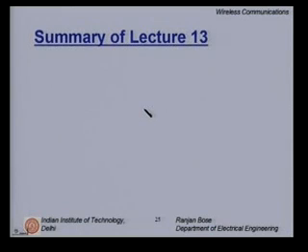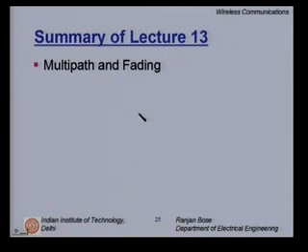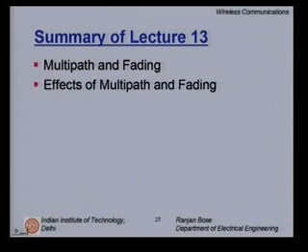At this point, let me conclude today's lecture. The summary of lecture 13 is as follows. We started with an understanding of what is multipath, what is fading, and why the term multipath fading is used together. Then we looked at the effects of multipath and fading.